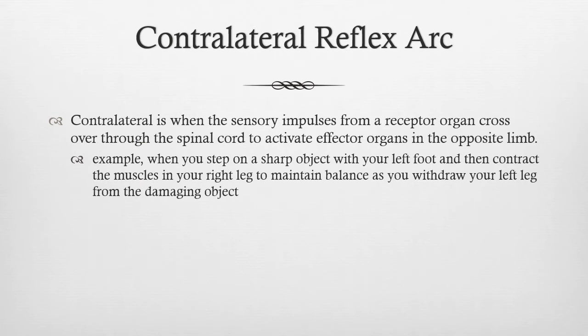A contralateral reflex is going to be when the sensory information is on one side of the body, but the motor control component is on the opposite side of the body itself.